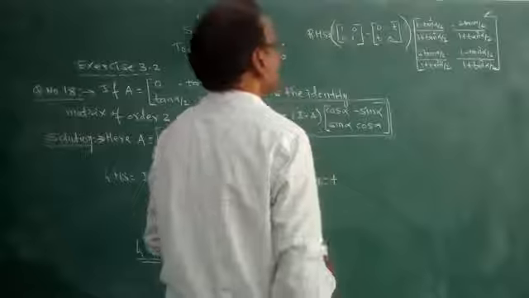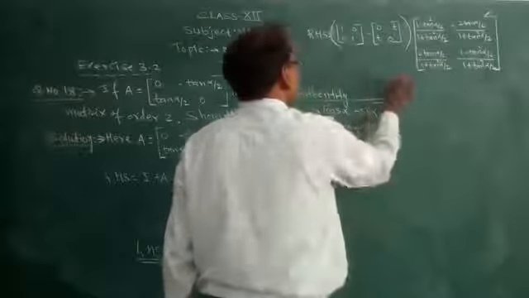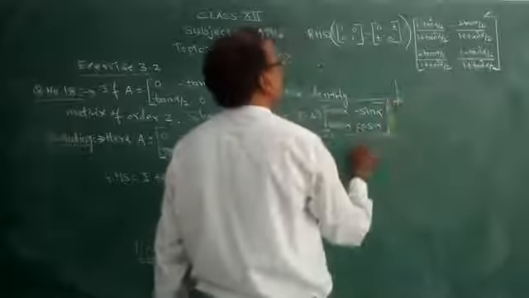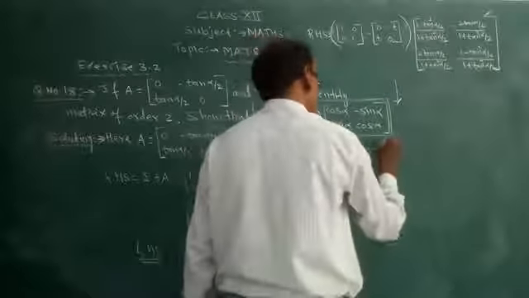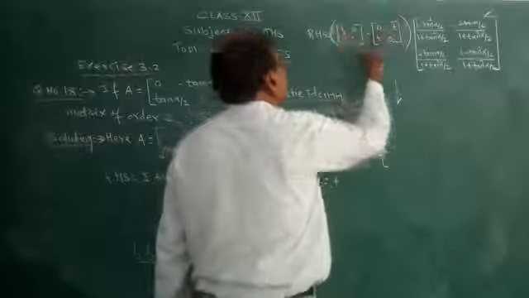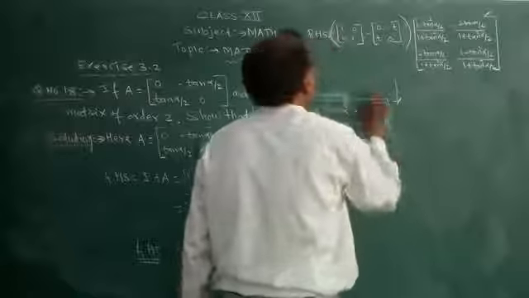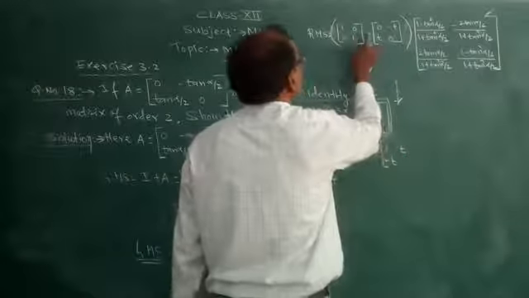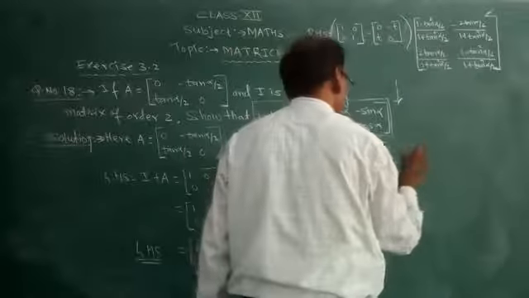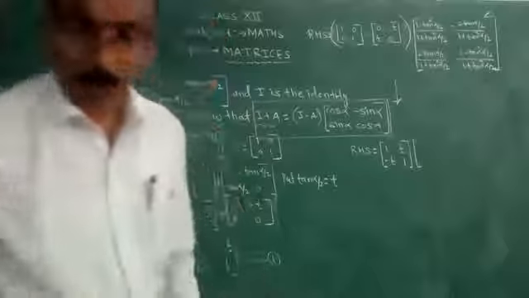So right hand side equals 1 minus 0, that is 1, 0 minus minus T, that is T, 0 minus T, that is minus T, 1 minus 0, that is 1, into another bracket.